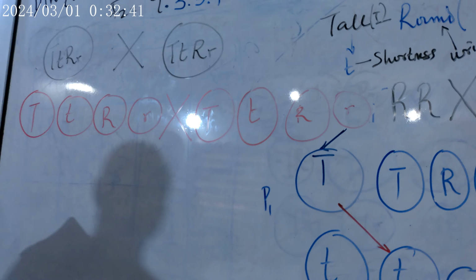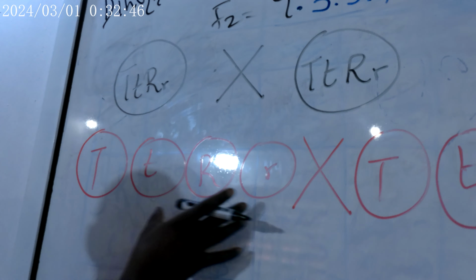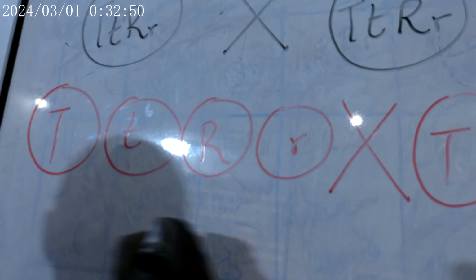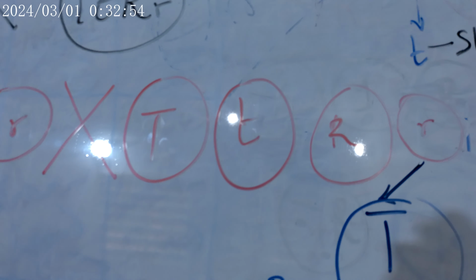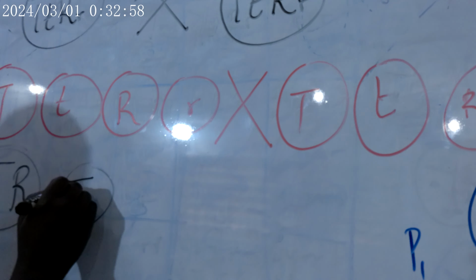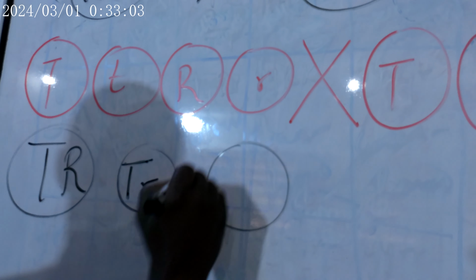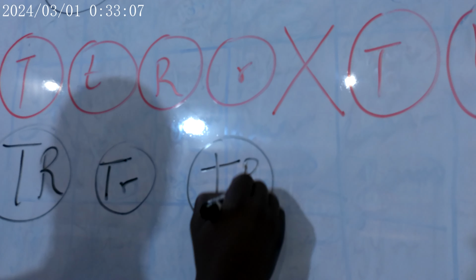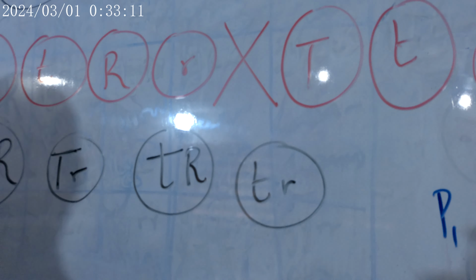And then when you now combine this together, all the gametes will now be TR, capital letter T and small letter r. Also, it's going to be small letter t, capital letter R, and at the same time, small letter t, small letter r.